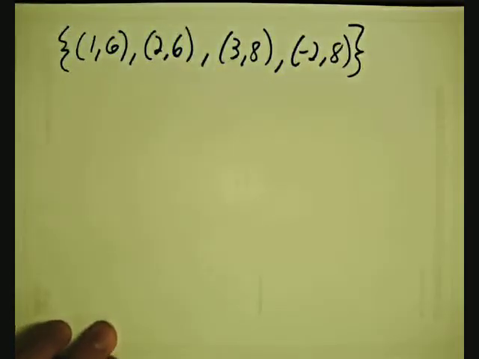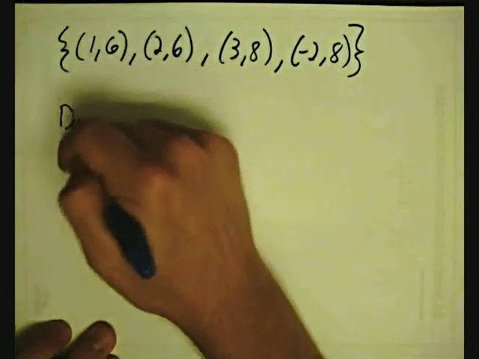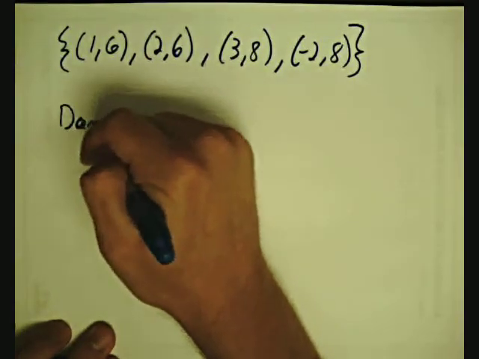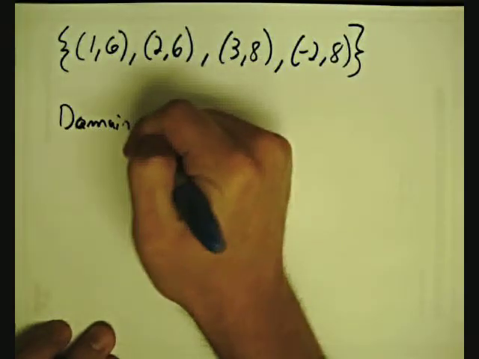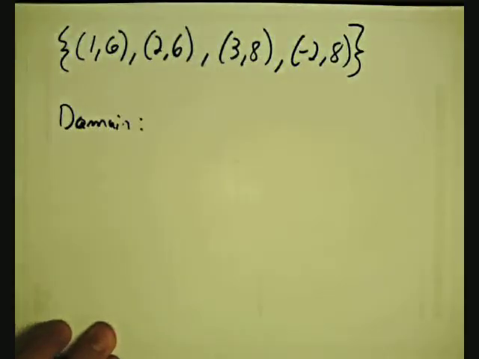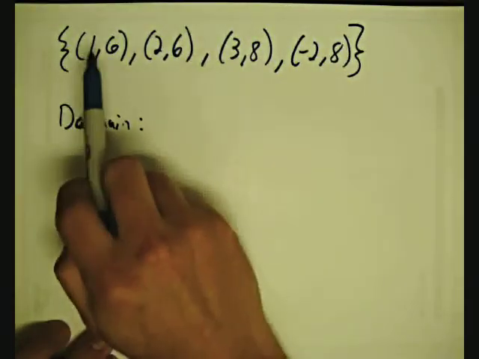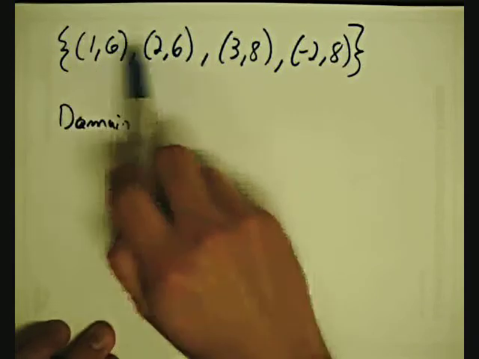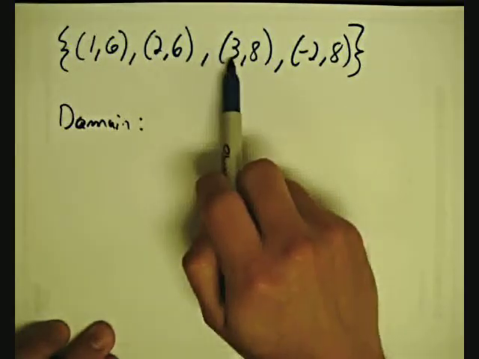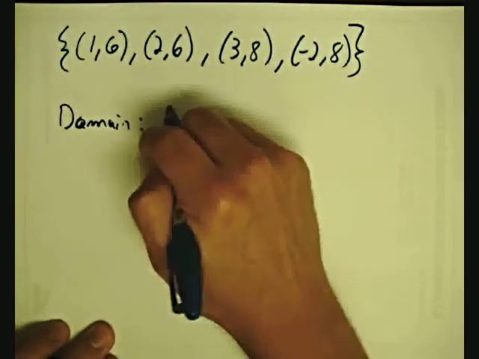Let's start with the domain and range. So the domain is the set of all the first components. So our first components are the numbers 1, 2, 3, and negative 2.